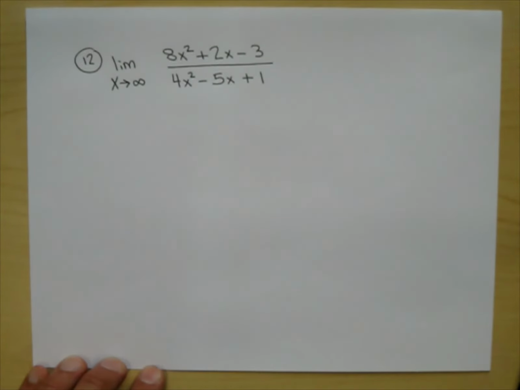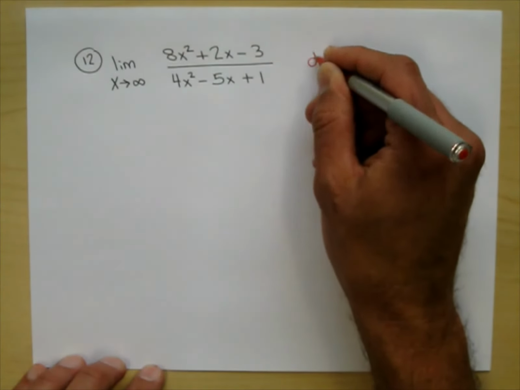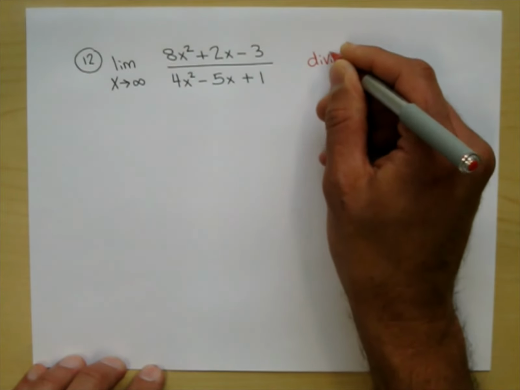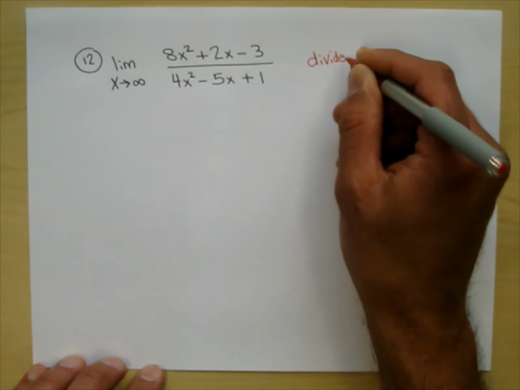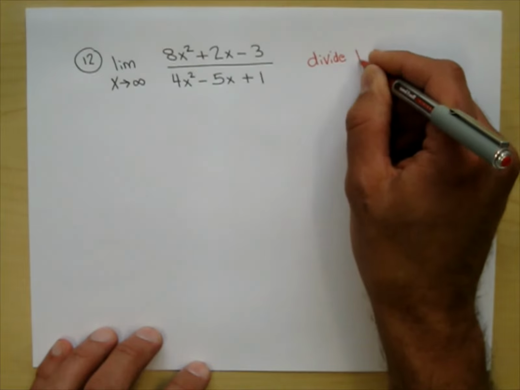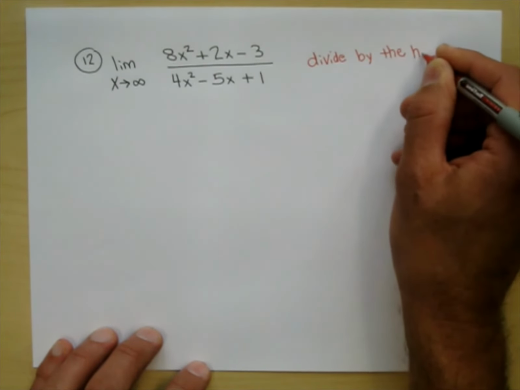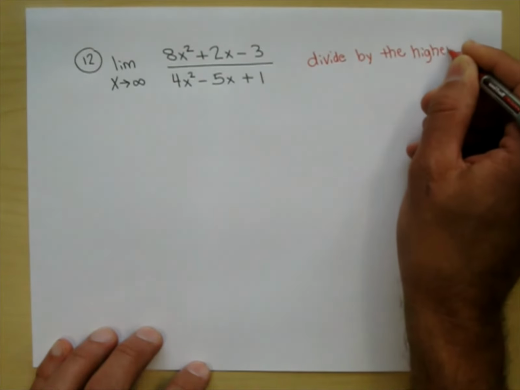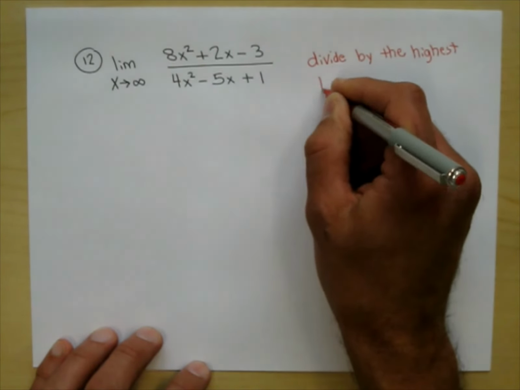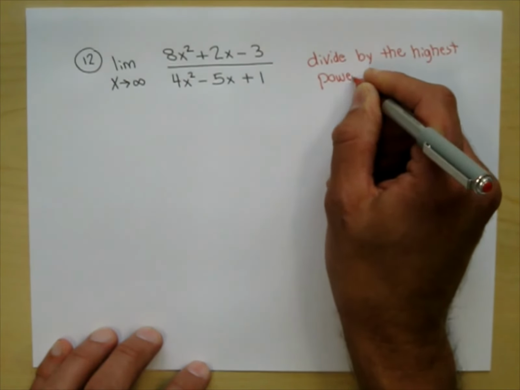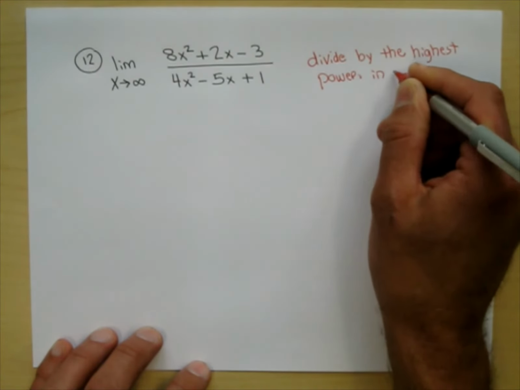But here's the trick to any of these problems. And I'll write it out here in red. You want to divide by the highest power in the denominator.